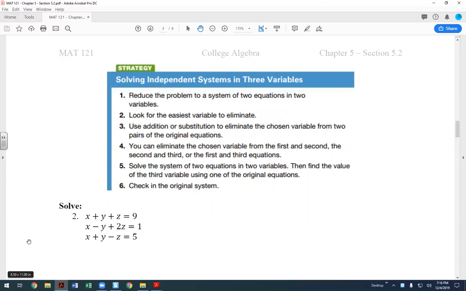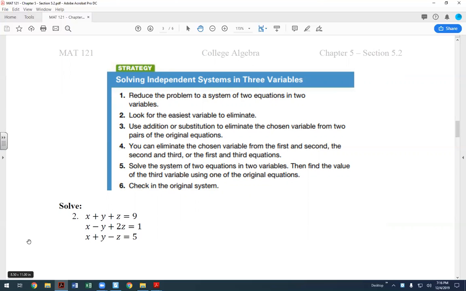What we try to do is break this down from 3 equations with 3 variables and convert it into 2 equations with 2 variables, and then use what we did in 5.3 or even 5.1. That's our goal, to take our system and reduce it down. Find the easiest variable to eliminate, using addition or substitution. You can use any 2 equations: first and second, second and third, or first and third.